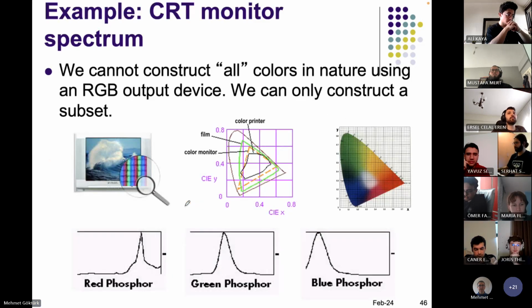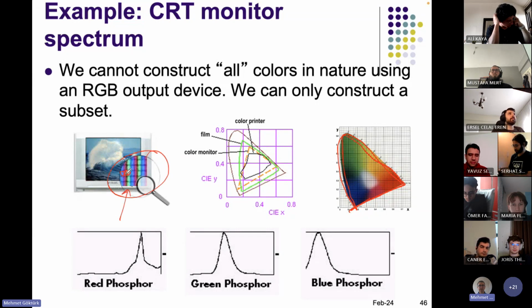Therefore, we mark it as a color gamut like this, and that corresponds to different input devices, different output devices. For example, we see a TV here. On the TV, you have small red, green, blue dots.